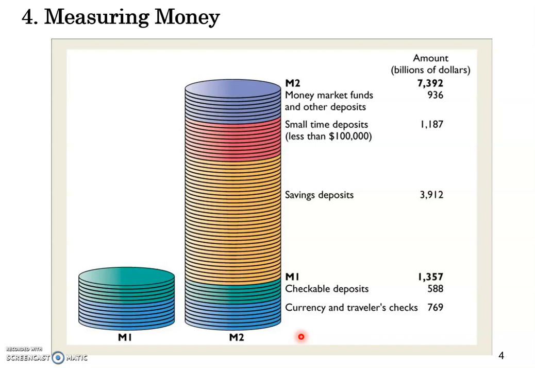But what will be the difference between them, or how could we know, for example, that small time deposit should be included in M2, but not M1? Now, first of all, as we just said, M1 is the narrowest, M3 is the broadest, so M2 stays in between.